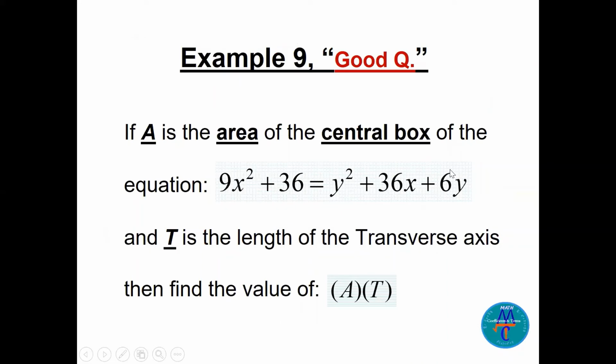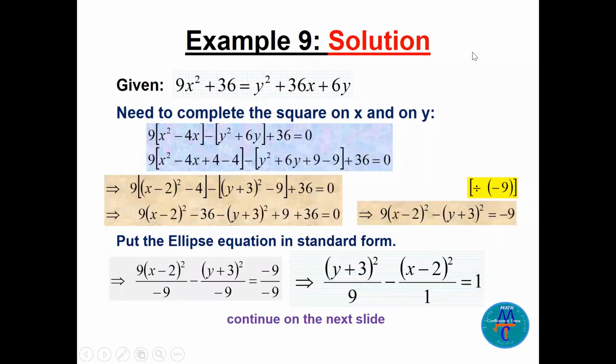Now, if A is the area of the central box of this equation, 9x squared plus 36 equals y squared plus 36x plus 6y, and capital T is the length of the transverse axis, then find the value of A times T. Now for the solution of example 9, we can see the equation given is this.